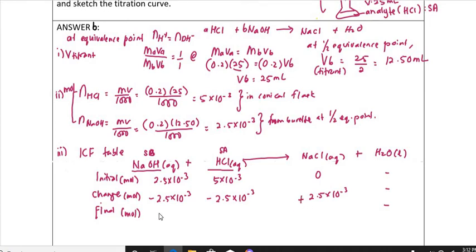The final mole, that means I minus C. That means will become 0. 5 minus 2.5, 2.5 exponent negative 3, and we have 2.5 exponent negative 3. Okay.